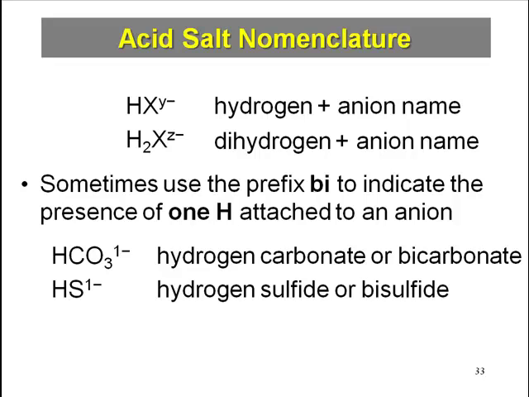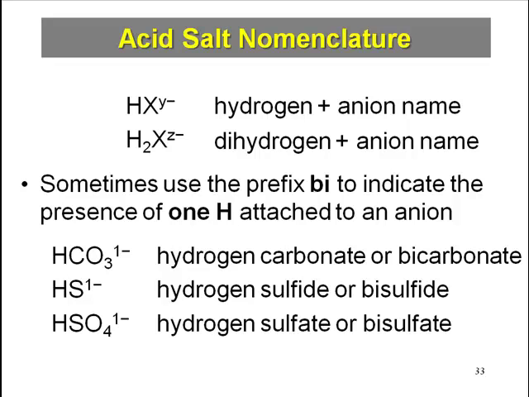HS 1 minus would be hydrogen sulfide or bisulfide. And then HSO4 1 minus is hydrogen sulfate or bisulfate, is the nomenclature of these acid salts.